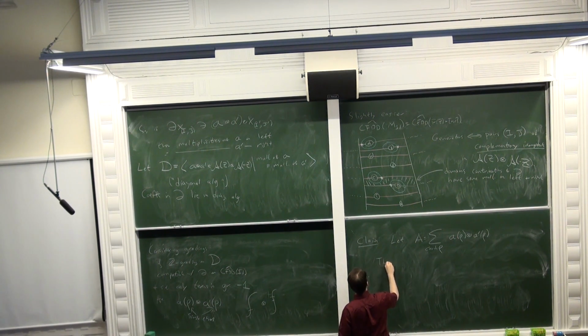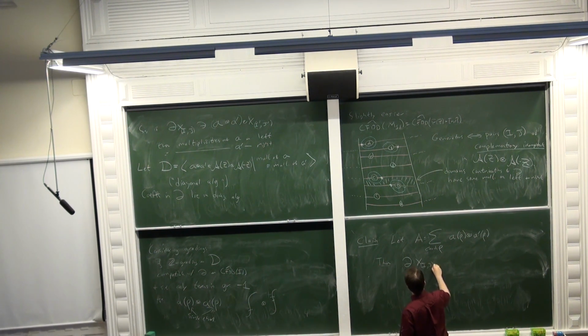Then the differential of x_ij is the sum over x_jk of i tensor j times A times x_jk.